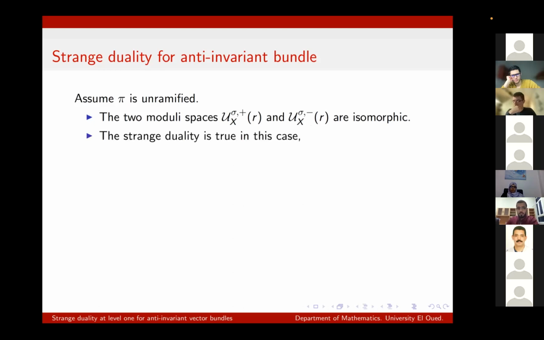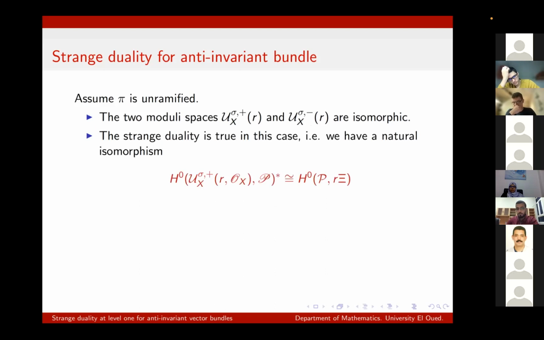And the strange duality here, the level-rank duality, is also true. That is, we have an isomorphism between the vector space of generalized theta functions of level 1 on the moduli space of symmetric rank R vector bundles, and the level R theta functions on the Prym variety.